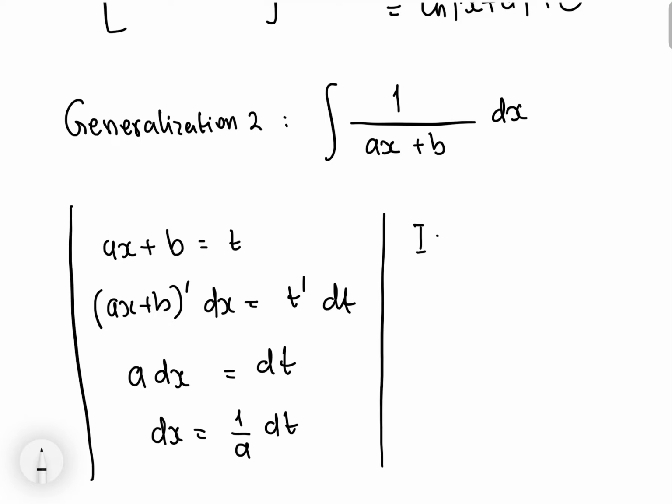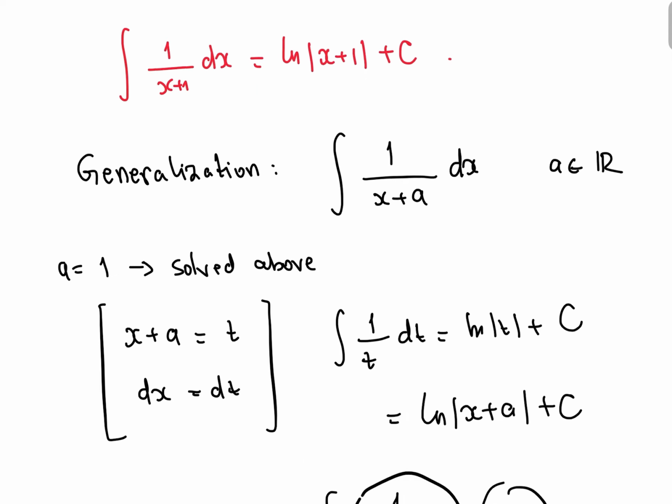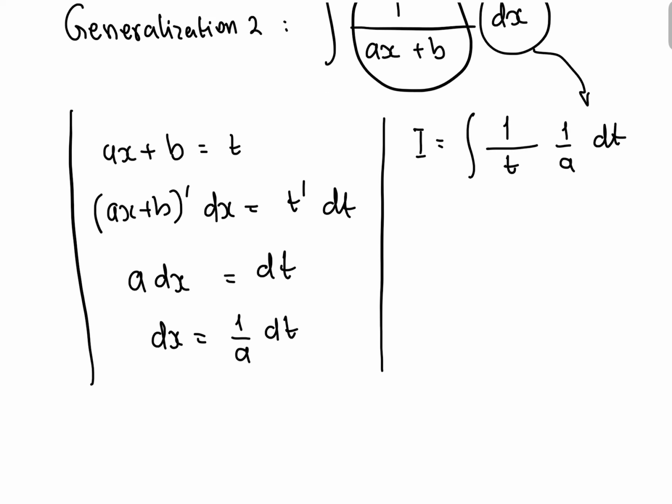Therefore, the integral, which we call I, becomes 1 over t and dx. So this is our 1 over ax plus b. And dx is now 1 over a dt. That's the difference. If you have a look here, our dx was the same as dt, but now there is a difference.